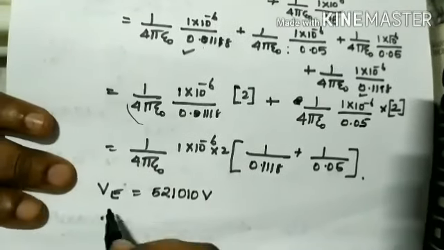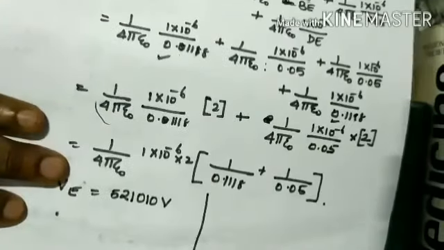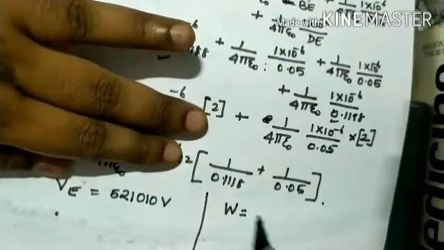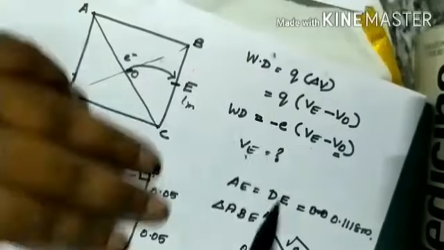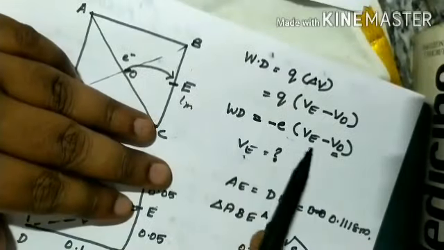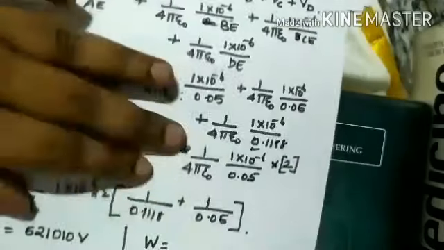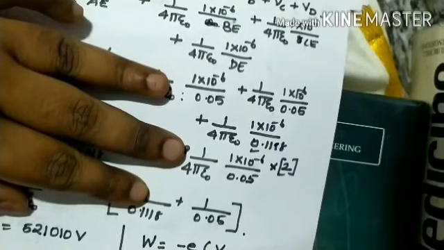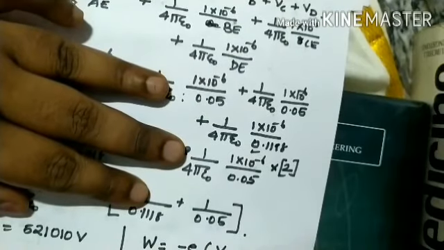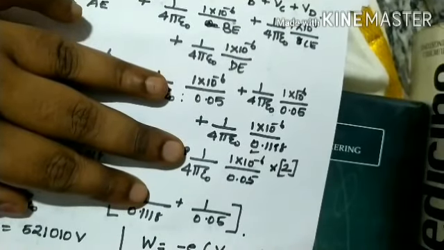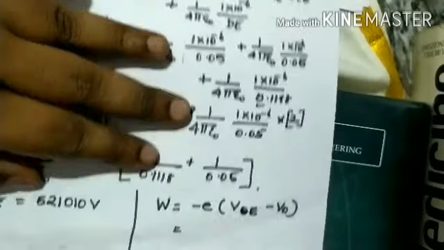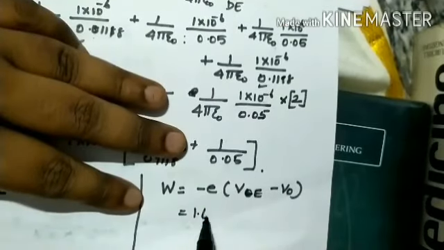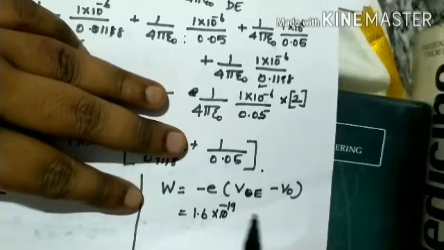Now, what was the main question? The main question was, what is the work done? Minus e into VE minus VO. What is the electron's charge? 1.6 into 10 to the power minus 19.